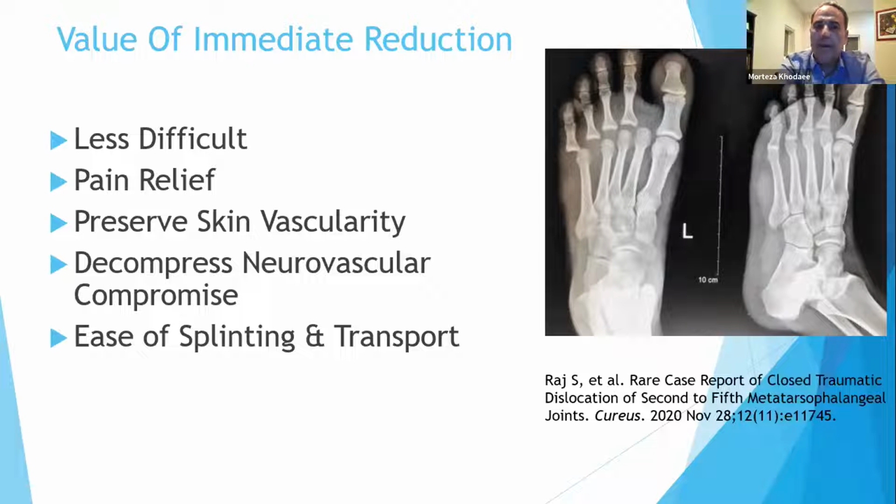And patients get significant pain relief after reduction. Also, you can preserve the skin vascularity, decompress the neurovascular compromised structures, and it is much easier to transport the patient and put them in a splint.